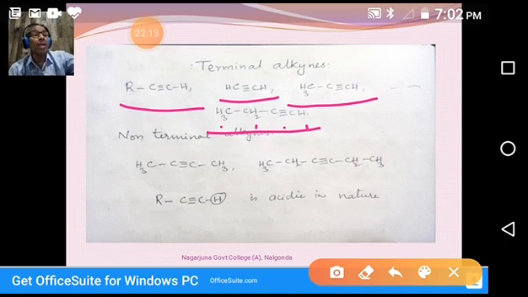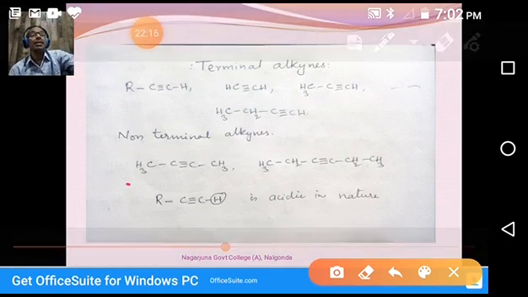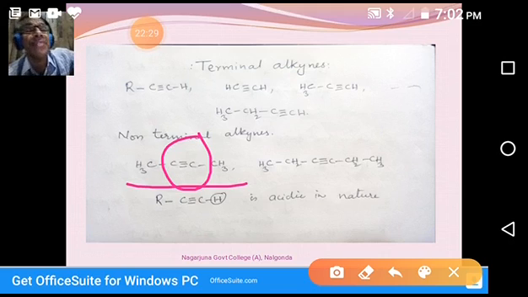So what are non-terminal alkynes? You see, this is a non-terminal alkyne. Why? Because the C triple bond C is not at one terminal; the triple bond is in between. That's why this is a non-terminal alkyne. This one is also non-terminal. Why?